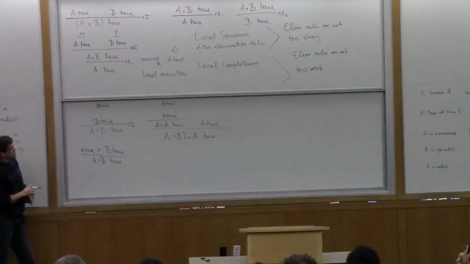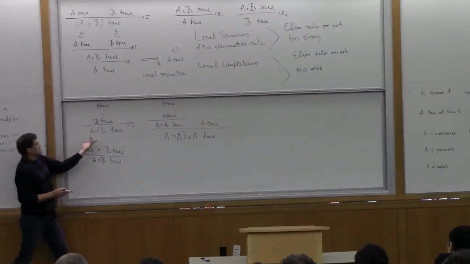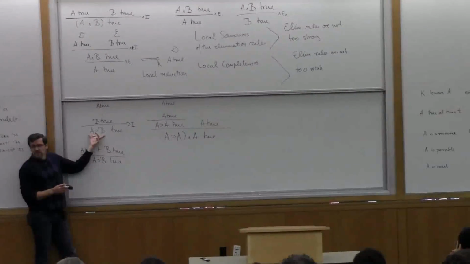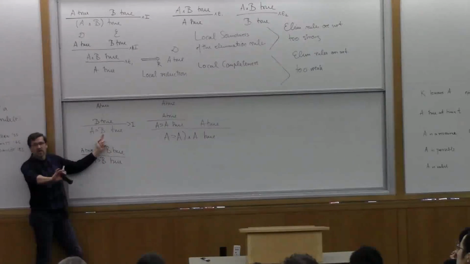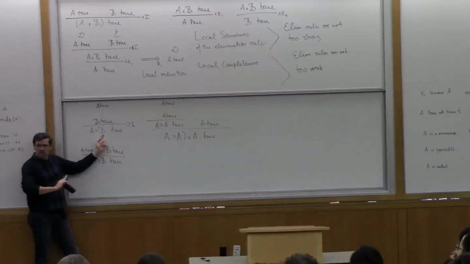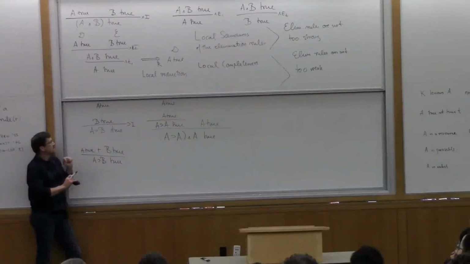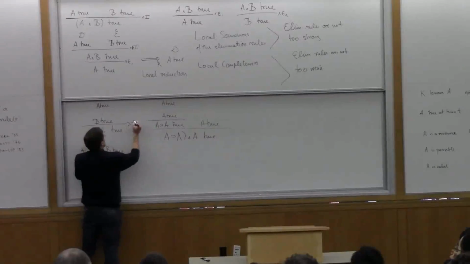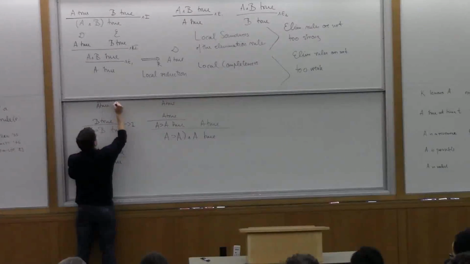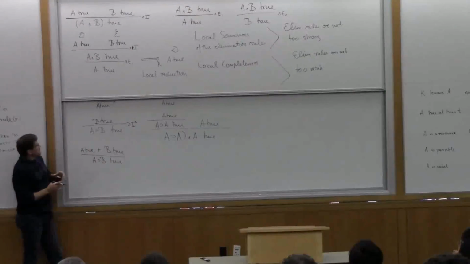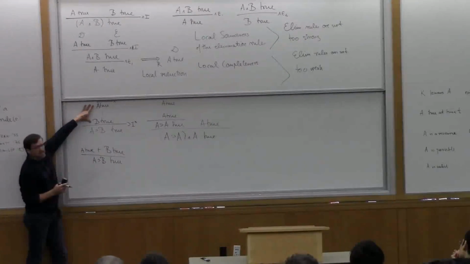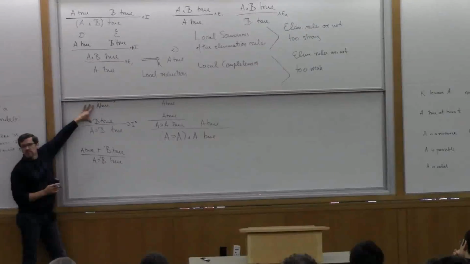So the issue is that when I try to prove A implies B, I can use the assumption A only while I'm trying to prove B and not outside of that subproof. So there's an issue of scope, which you're familiar with in programming languages. The way I'm going to handle that is to label this assumption X and write the X over here. I'm saying that the use of the assumption X is confined to this subproof. I can use it in the subproof, but not outside.